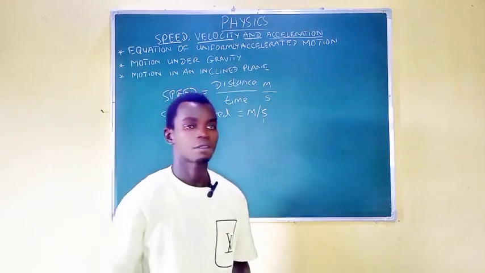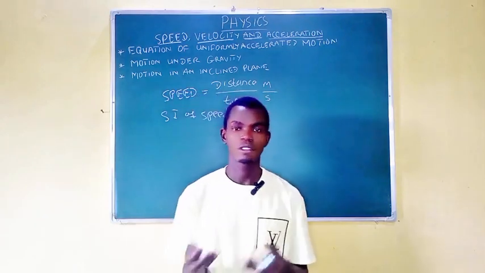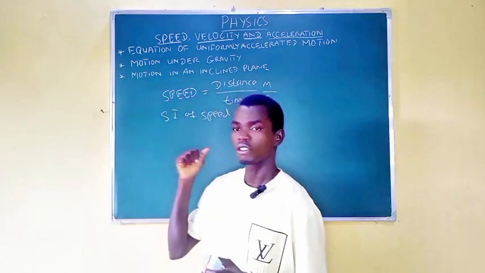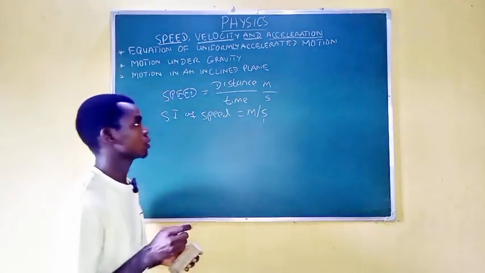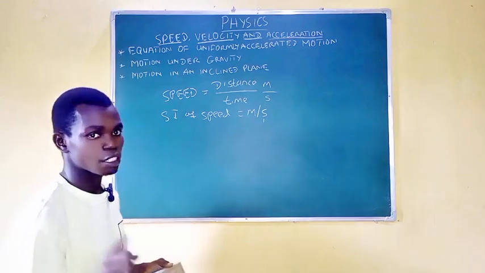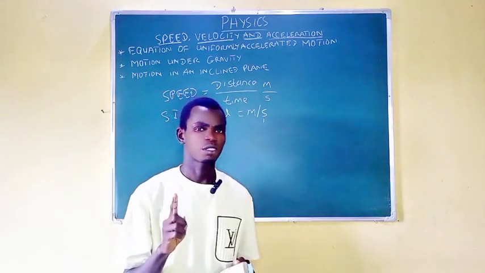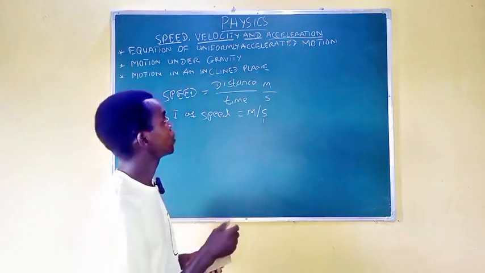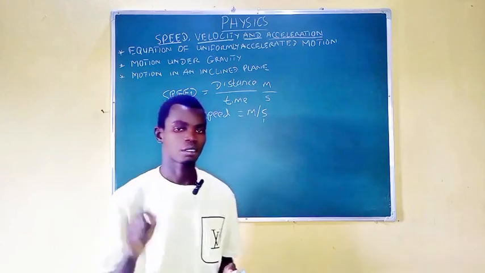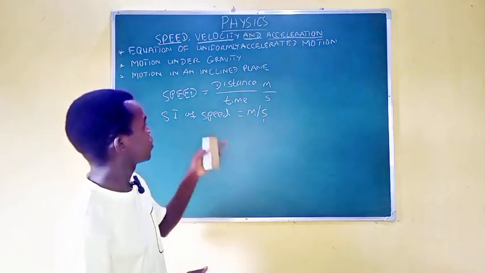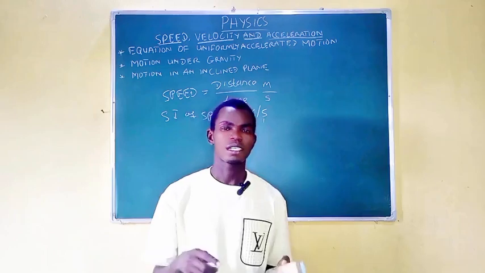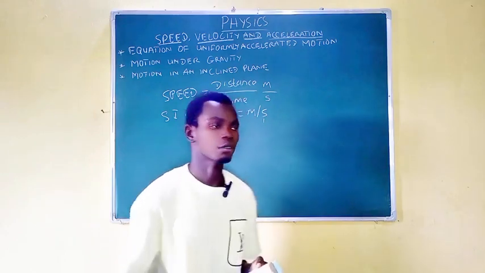In our everyday lives, we use speed and velocity interchangeably, but in the study of motion, it is necessary to distinguish between speed and velocity. In speed, no direction is specified, while in velocity, it is necessary to specify direction. We define velocity in terms of displacement because displacement is the distance traveled in a specific direction.